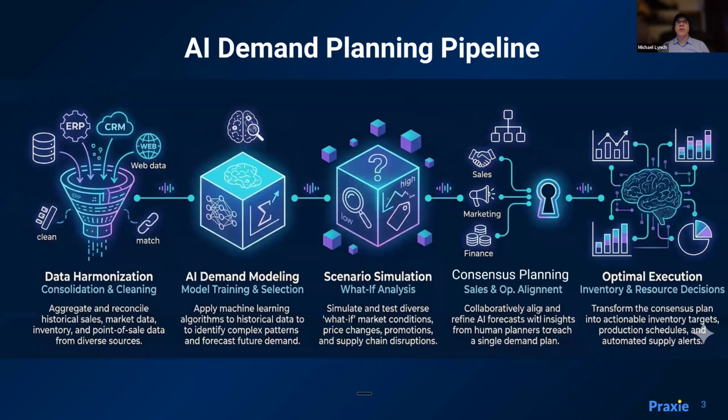So the general process of AI demand planning is gathering all of the essential information that you need to be able to understand the demand: your ERP data, CRM data, and others. I'll be showing you more of that. You do your demand modeling.